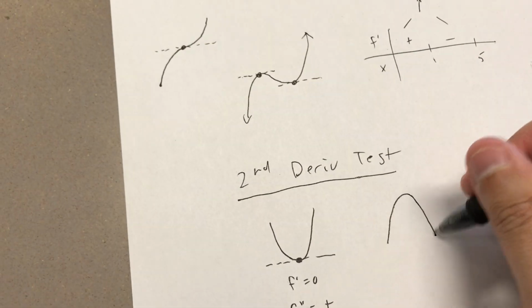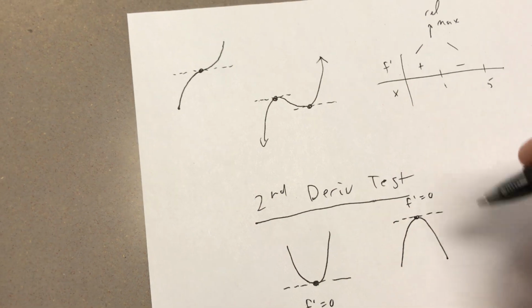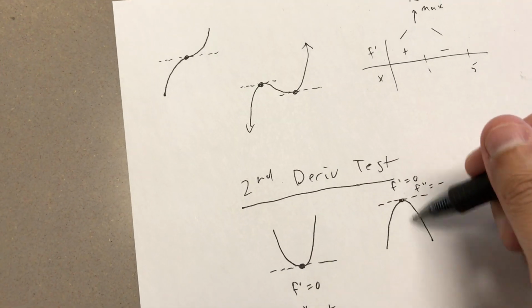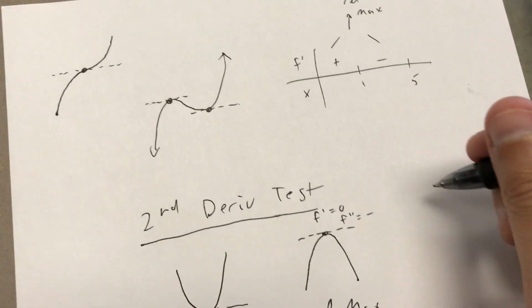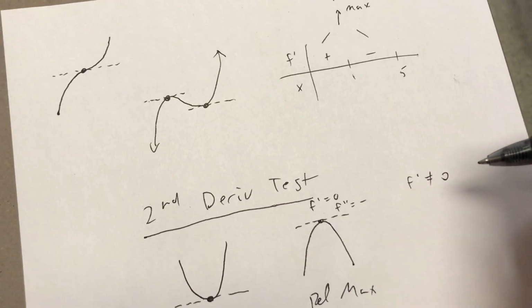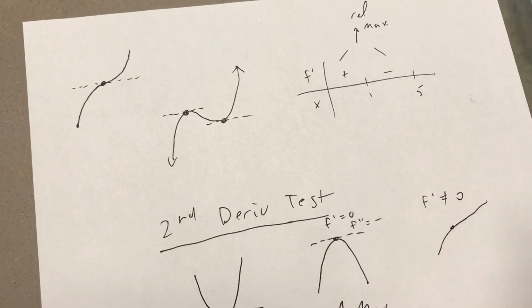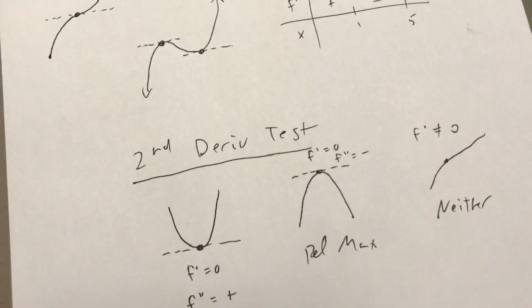If your graph has a derivative of 0 at that point, and the second derivative is negative, that means it's concave down, that means it has a relative maximum. And meanwhile, if f prime is not 0, then your function has a slope that's not leveling out, and it's neither a relative minimum nor a relative maximum, okay?